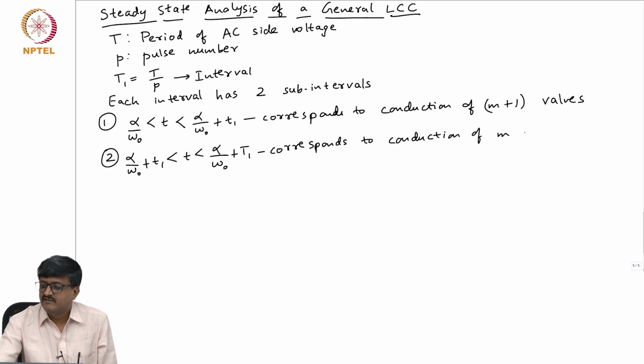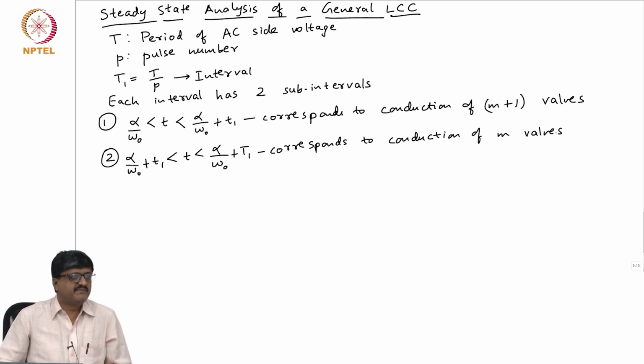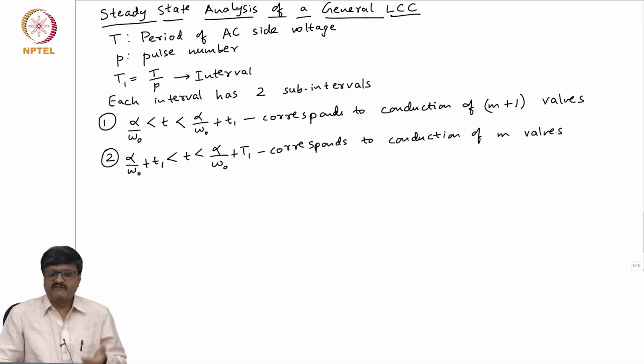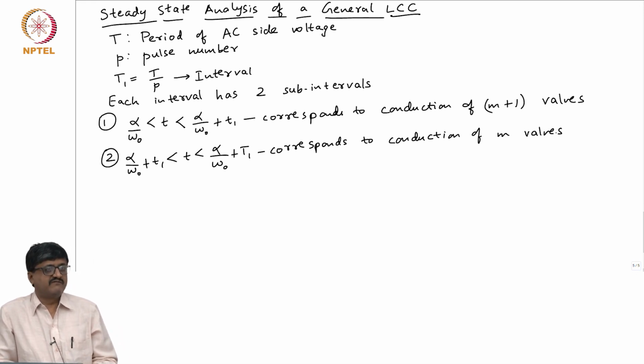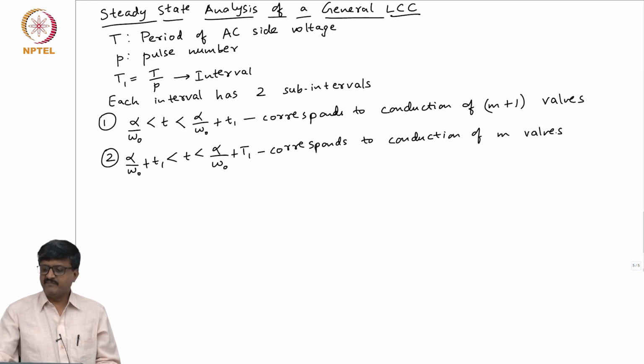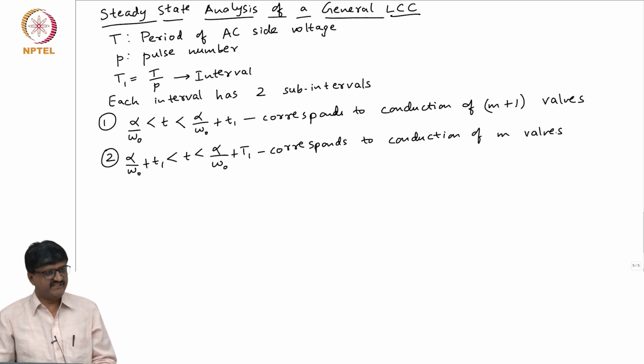M valves. I use a general notation m plus 1 because this is applicable even for the 6 pulse converter which we have already studied. It can be 2 and 3 valve conduction mode or 3 and 4 valve conduction mode. If it is 2 and 3 valve conduction mode, m is 2. If it is 3 and 4 valve conduction mode, m is 3.